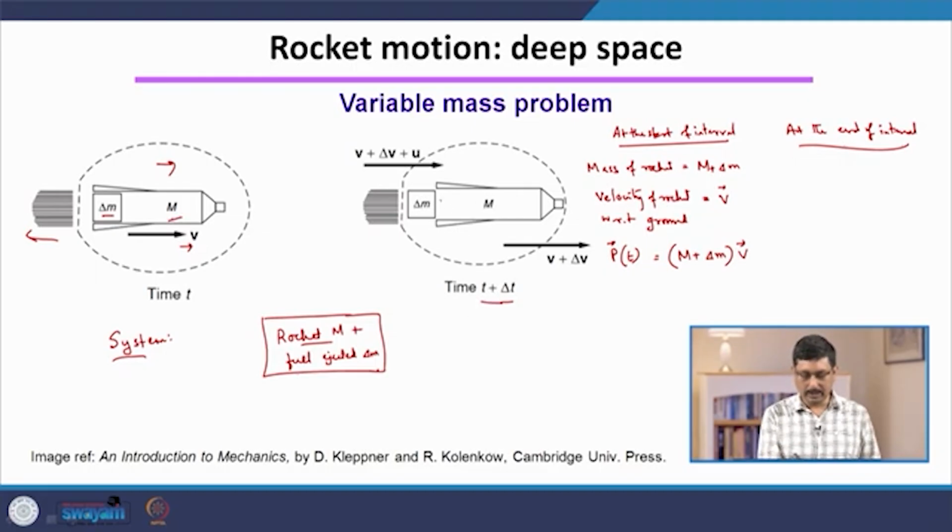Note that the fuel is now separated from the rest of the rocket, so these are really different parts of the same system. The mass of the rocket is now m, so it has reduced. Obviously, because the fuel gives a push to the rocket to the right, its velocity has changed.